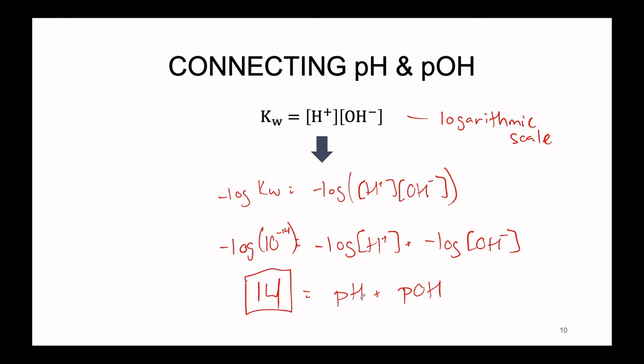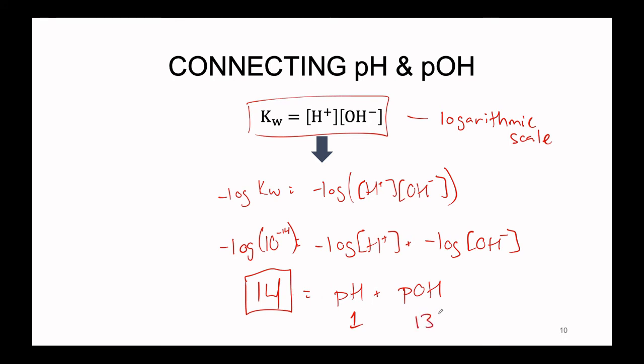So if your concentration of H plus is going to be of a certain number, giving us a pH, let's say, equal to 1, the OH minus concentration has to obey our equilibrium constant expression. And how we represent this using pH and pOH is that the remaining concentration here of our OH minus has to sum together with the pH to equal 14.